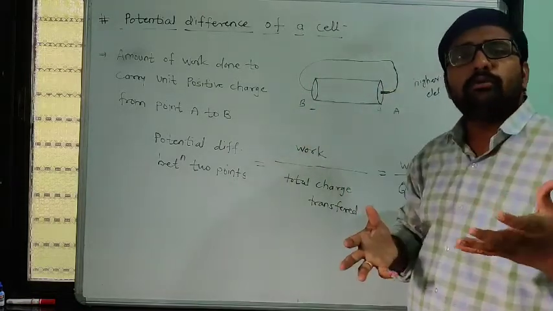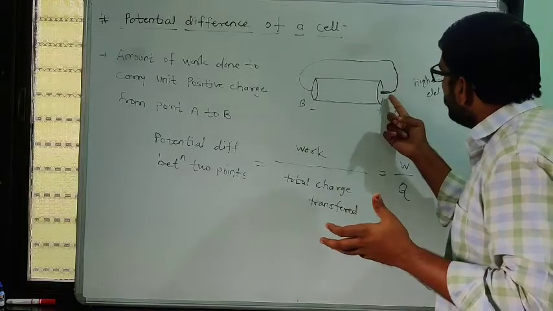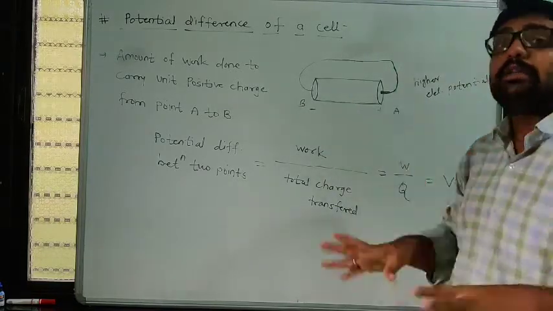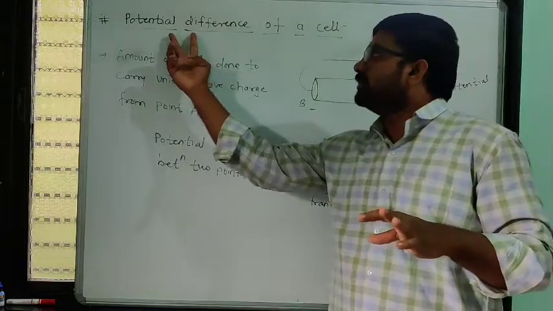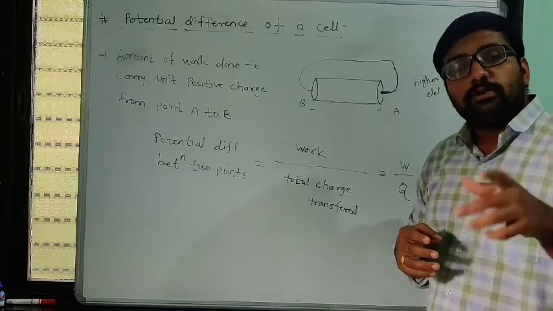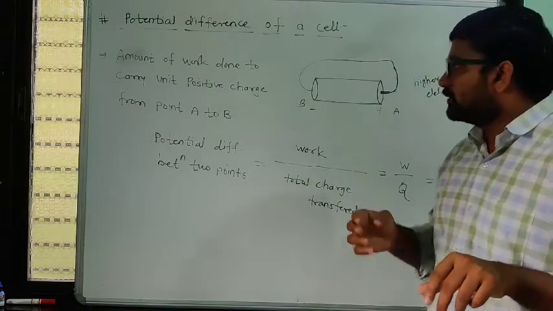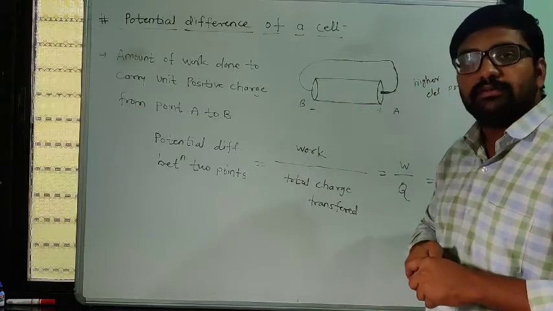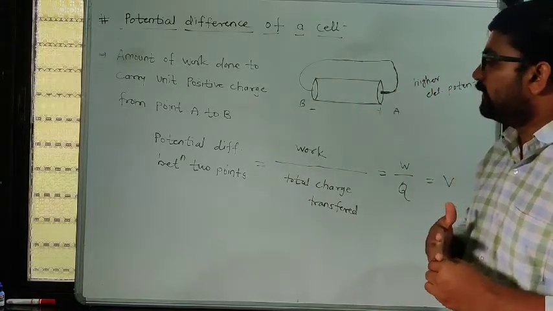Whatever work we have to do to carry a unit positive charge from point A to B, that work is nothing but the potential difference. That is simply called potential difference.